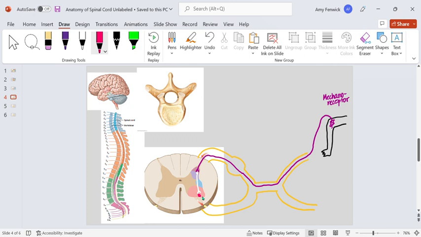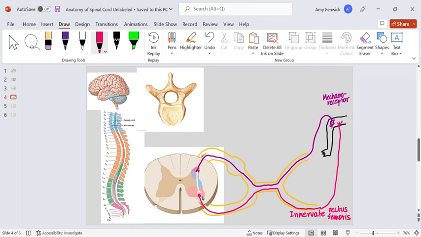So it synapses with a motor neuron that leaves through the ventral root, through the spinal nerve, through the ventral ramus. And what this does is this might innervate some muscles on the leg, right? So I can tell you right now that it does innervate the rectus femoris, and it causes it to contract.